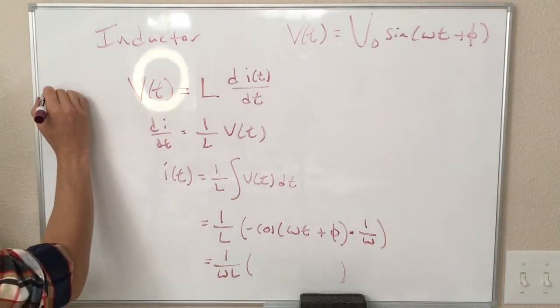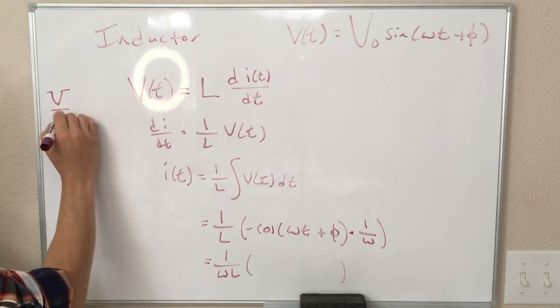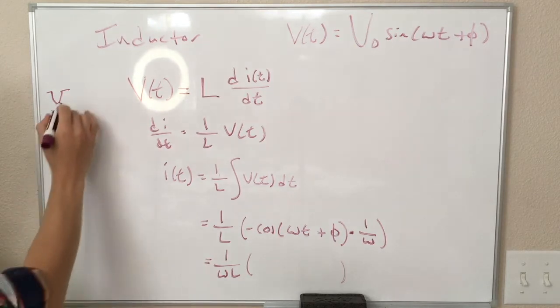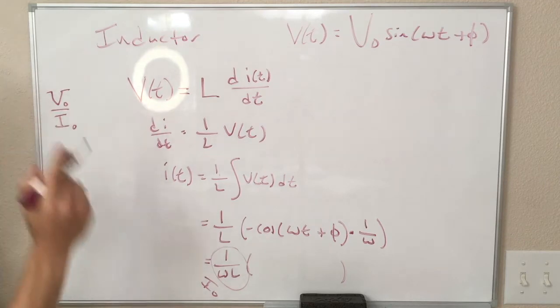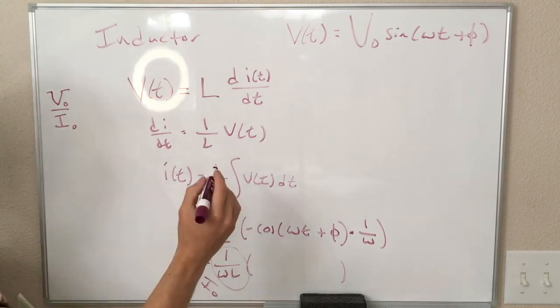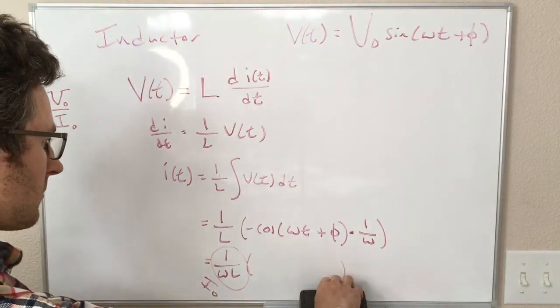So again, if we're looking for the ratio of the maximum voltage to the maximum current, this part right here is our maximum current I naught, right? So V naught over this is going to be, oh, sorry, I missed something.